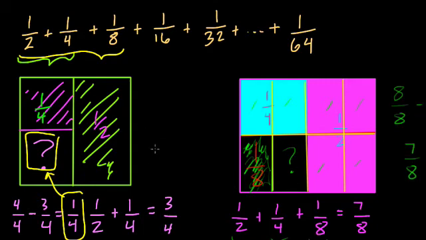So now we might have something here to work with, right? Because when we added a half and a fourth, our answer was 1/4 less than a whole. When we added a half and a fourth and an eighth, our answer was 1/8 less than a whole.